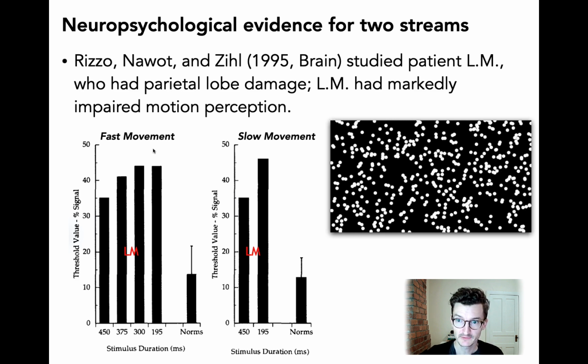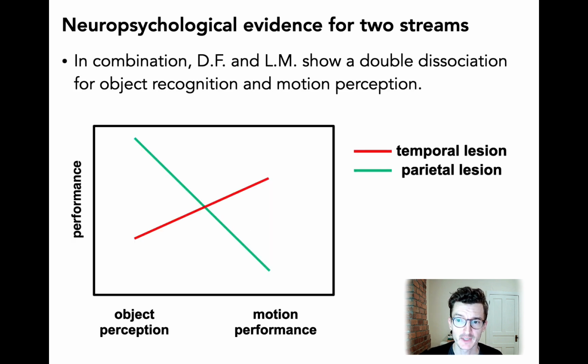If we take this patient LM and put their data together with the data of patient DF, we see a double dissociation. We're doubly dissociating object perception and the perception of visual motion.